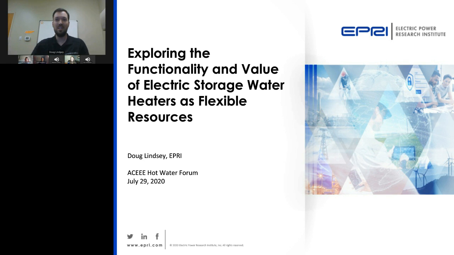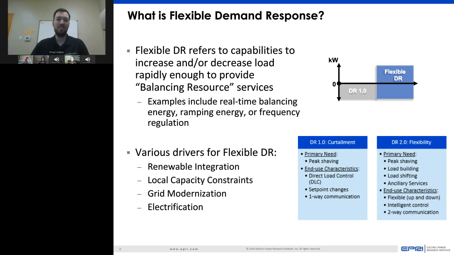I want to continue the conversation. We've already had a lot of good demand response conversations over the past few weeks. So I want to continue talking about functionality of heat pump water heaters and electric resistance water heaters as flexible resources for the grid. Let me just jump in and start with what is flexible demand response.